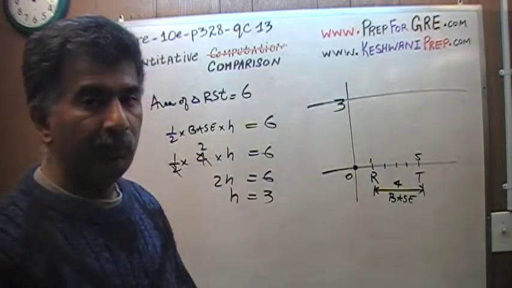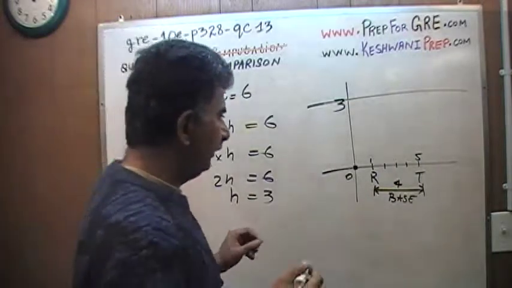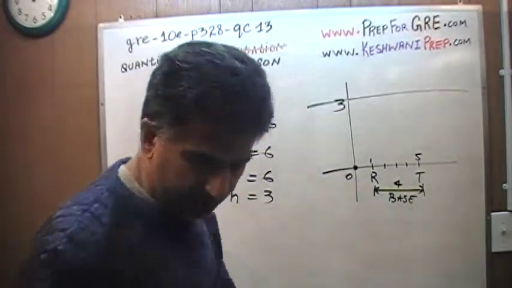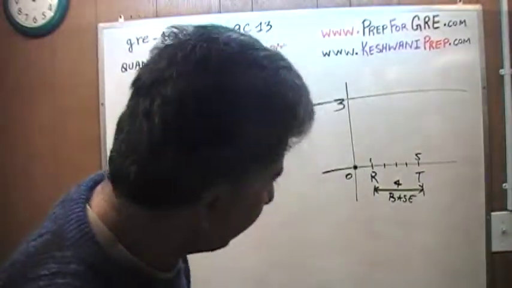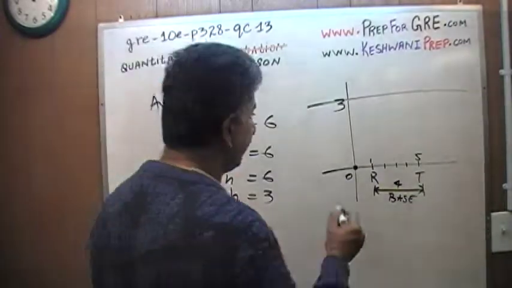I'm going to give you two easy scenarios first, scenarios that are very easy to see. RST could be like this. Let me change the color. The triangle that we have in mind could very well be a right angle triangle, which is very easy to deal with, like this.